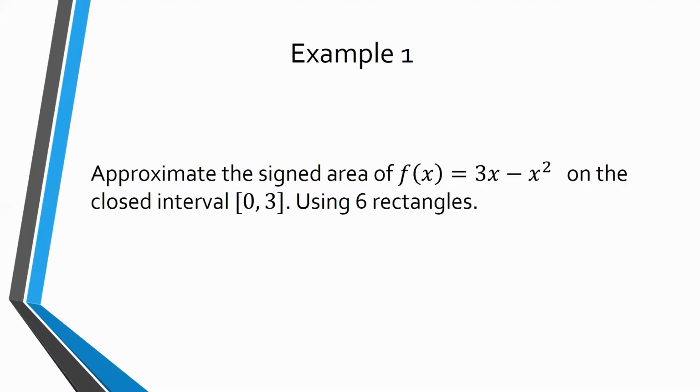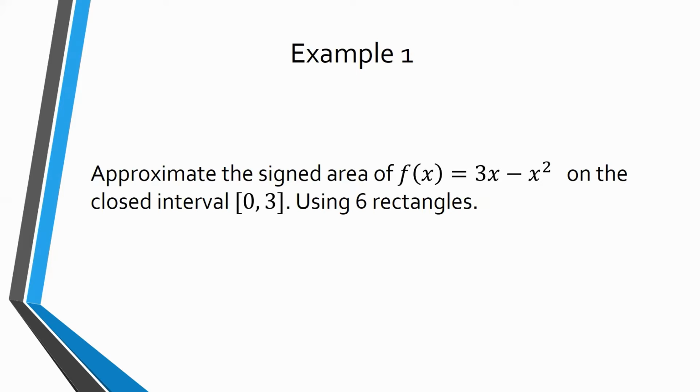Let's take a look at this example. We want to approximate the signed area of f of x equals 3x minus x squared on the closed interval from 0 to 3 using 6 rectangles.